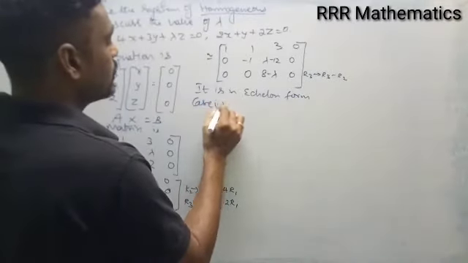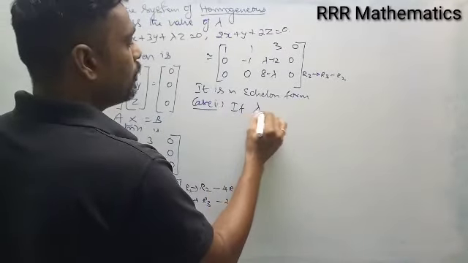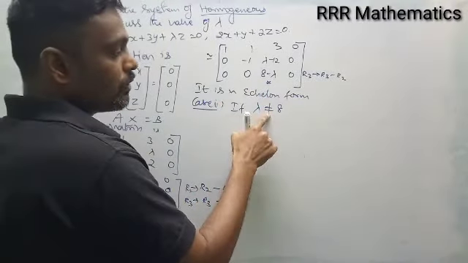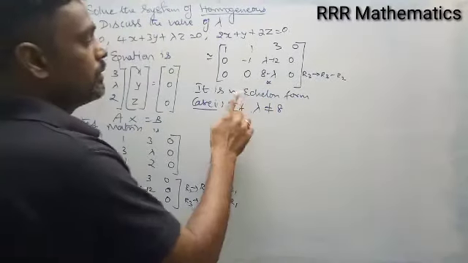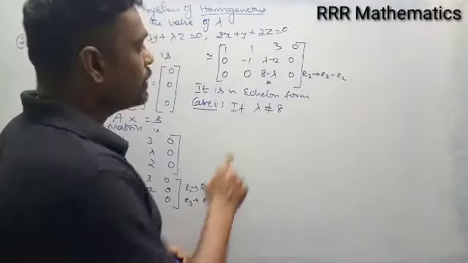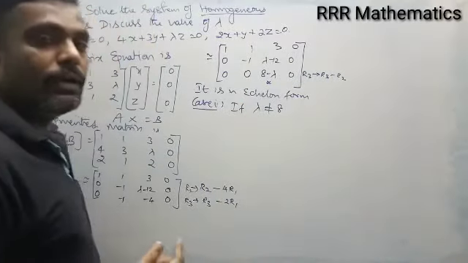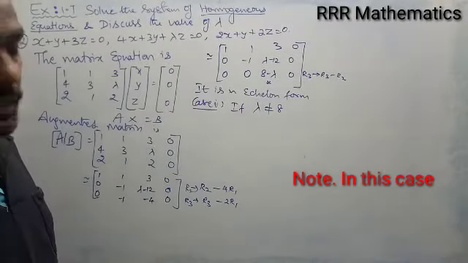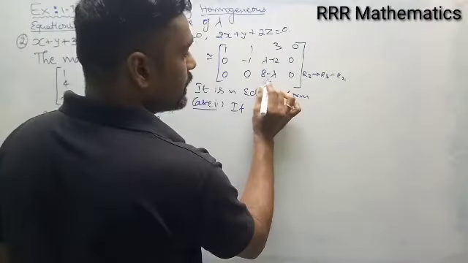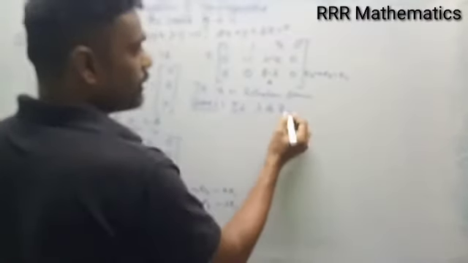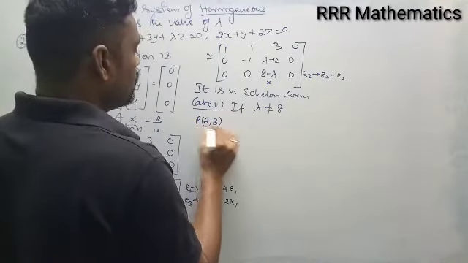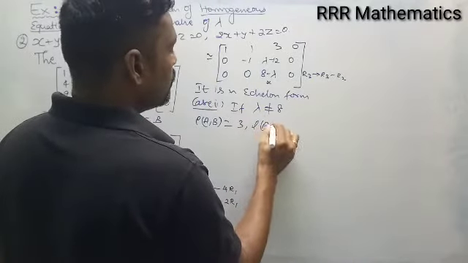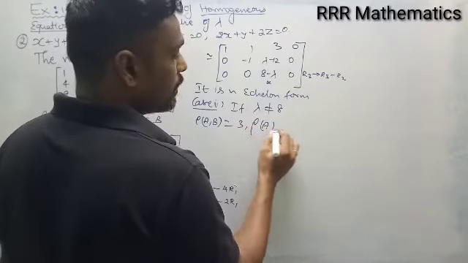Case 1: if lambda not equal to 8. The A33 position is not equal to 0 when lambda is not equal to 8. Then the rank of A comma B and the rank of A are equal, and equal to the number of unknowns: 3 variables, 3 equations. So if lambda is not equal to 8, the rank of A comma B will be 3, and the rank of A will be 3.